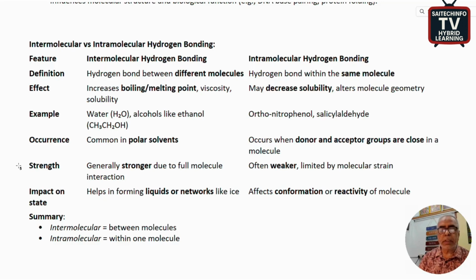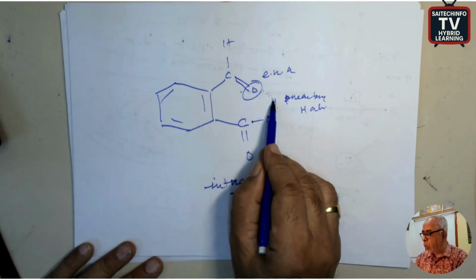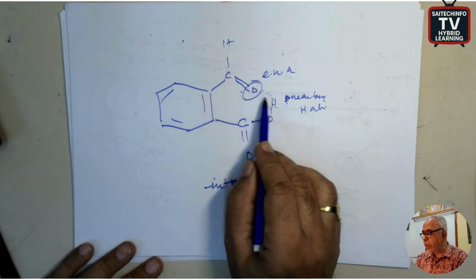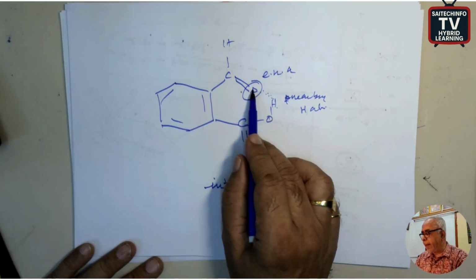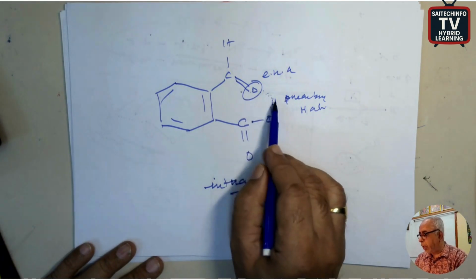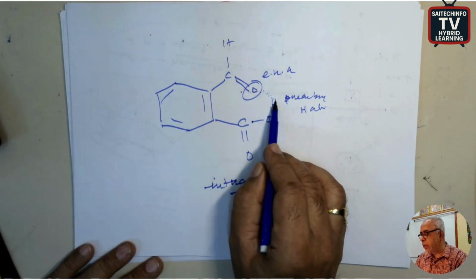So in this case, you can see in the case of the intermolecular hydrogen bonding, here this is the donor atom, because hydrogen that is closer to the oxygen is going to give the electron and it is going to establish the bond. Oxygen is the donor and this is the acceptor.